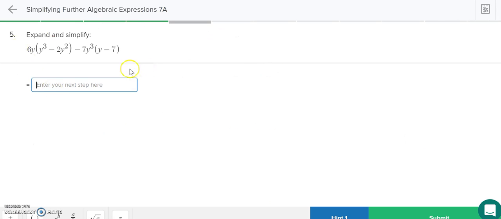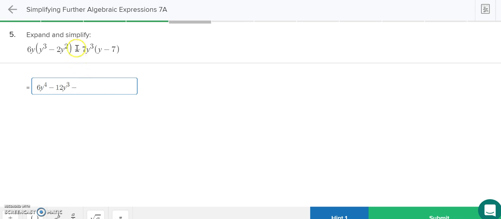This question asks me to expand and simplify. So I need to do 6y lots of y cubed, which is going to give me 6y to the power of 4. Then I've got a negative, so I'm going to put a negative sign in. And I'm doing 6 lots of negative 2, which is negative 12. And then I've got y squared here and a y, so that's going to become y to the power of 3, or y cubed.